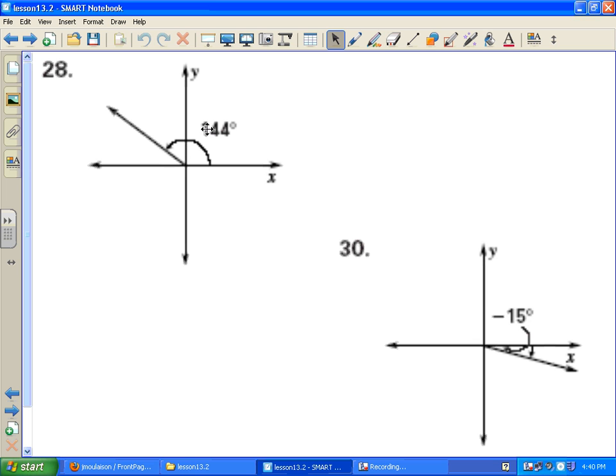So 144 is between 90 and 180. My terminal side lies here in the second quadrant. For number 30, negative 15 degrees, the negative sign indicates a clockwise rotation. And 15 degrees is going to place the terminal side here in the fourth quadrant. Initial side, again, that's the positive x-axis.